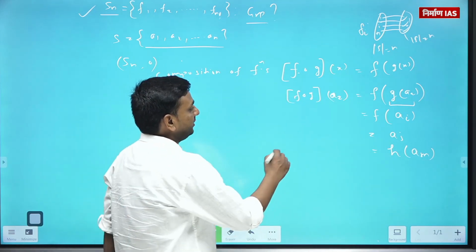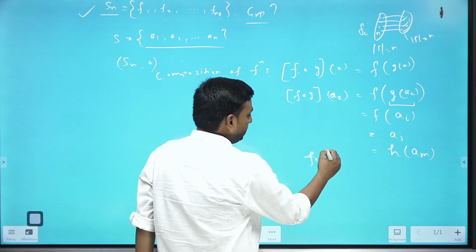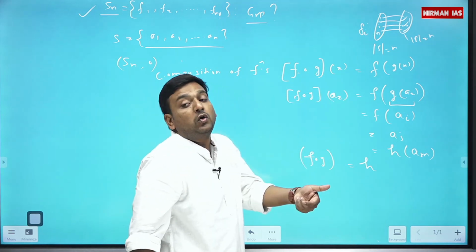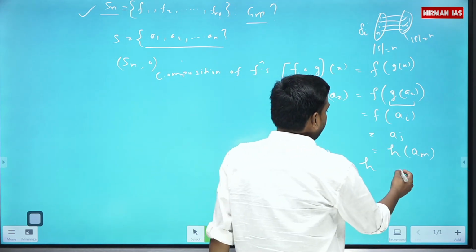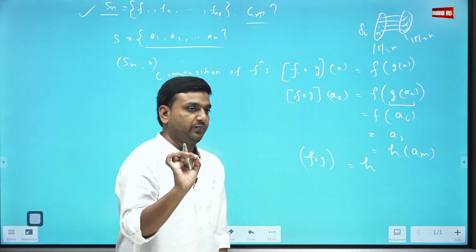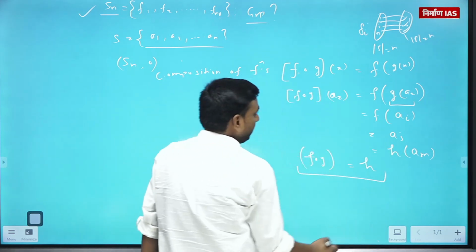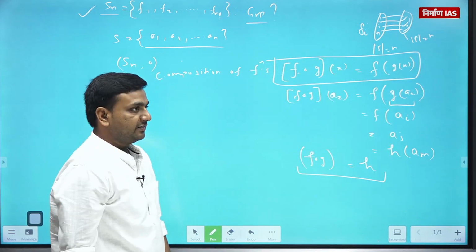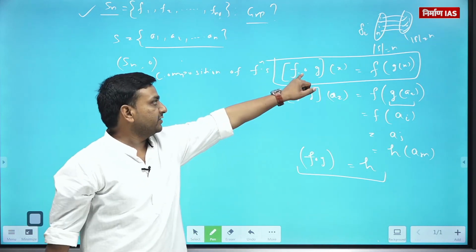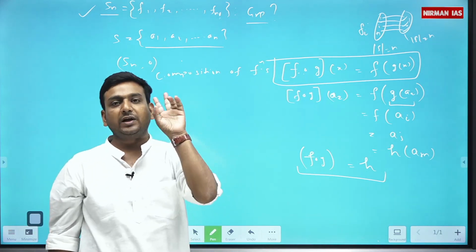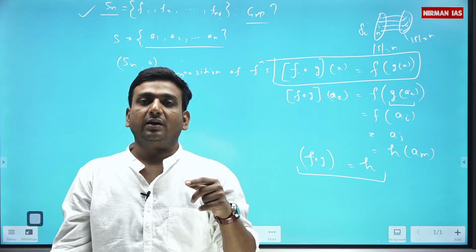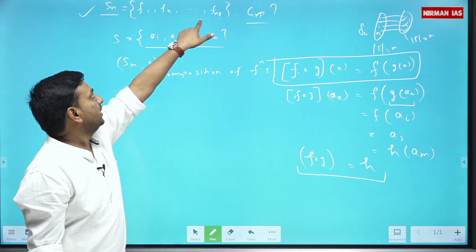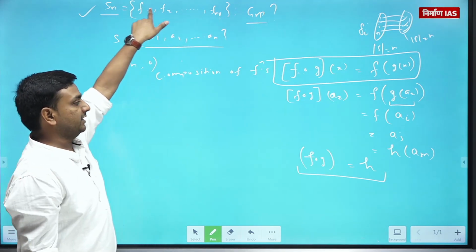What it says is that when I compose these two functions, I get another one-one onto function on the set S itself. So if I define composition of functions like this, then applying it between any two elements gives a third element which is only an element of this set itself.